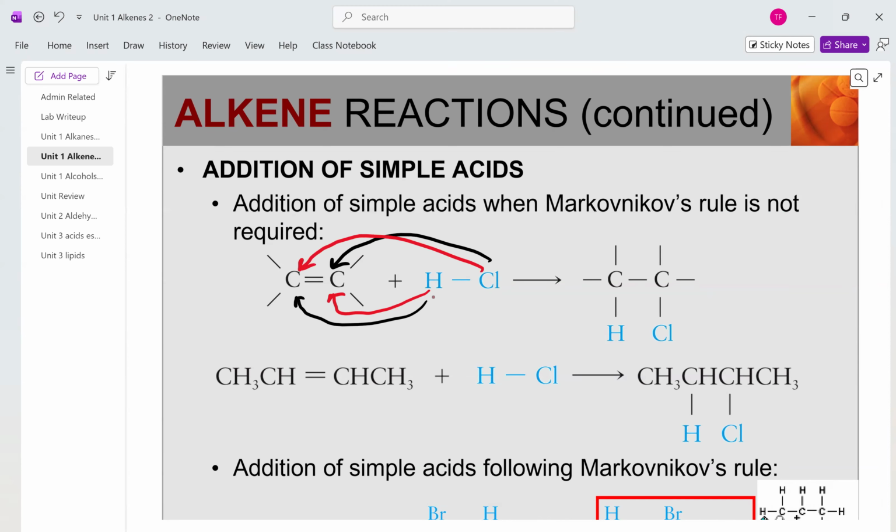So you end up with this. And there's your mixture. So then you have to look at which is more stable by using the Markovnikov rule, and secondly, symmetry.